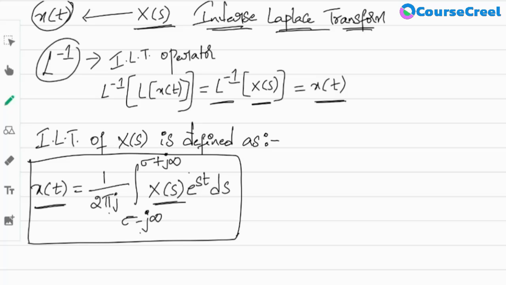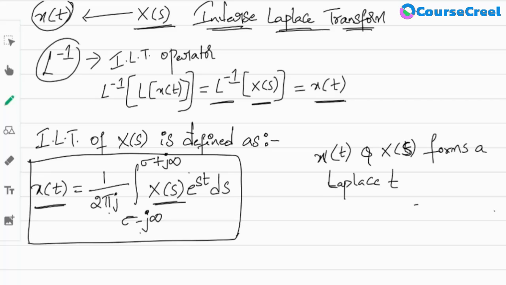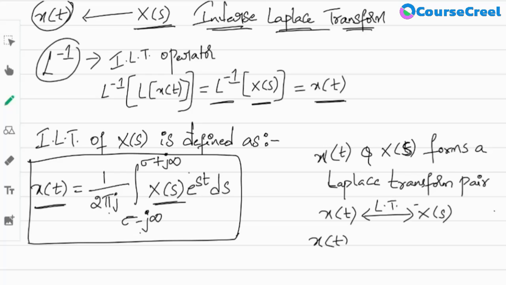Both x of t, the time domain function, and x of s, the frequency domain signal, form a Laplace transform pair, because from x of t, by using the Laplace transform, we can get x of s, and from x of s, by using the inverse Laplace transform, we can get the signal x of t.